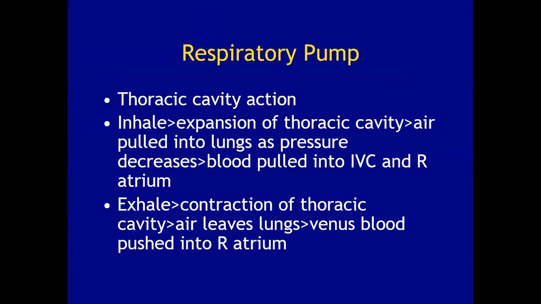So besides that squeezing of the skeletal muscle when we're up moving around, we also can take advantage of the respiratory pump. That's just simple breathing, because when we breathe, we see the thoracic cavity expand, and then when we exhale, we see the contraction of that thoracic cavity.